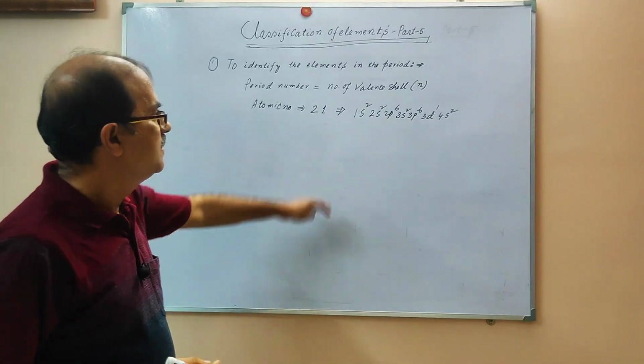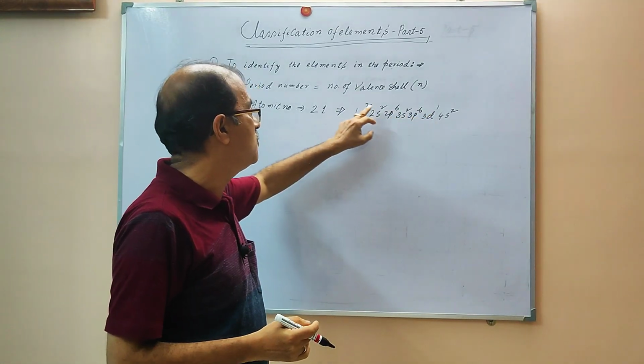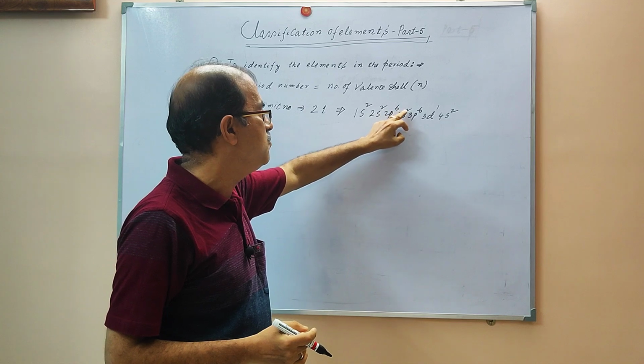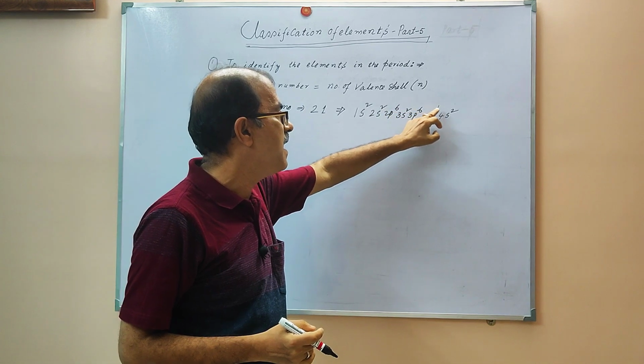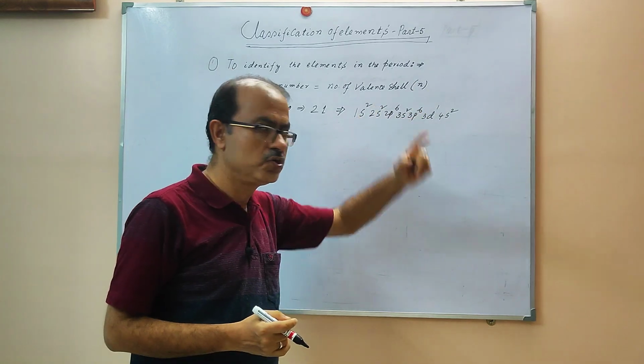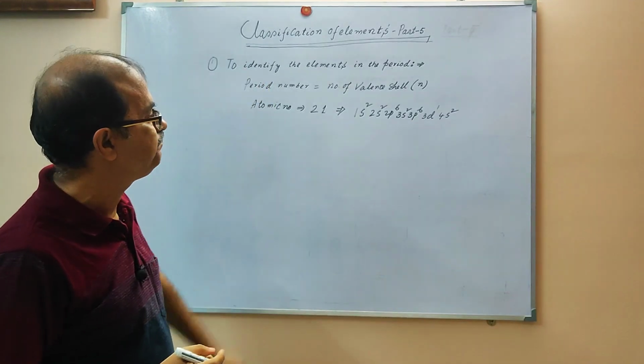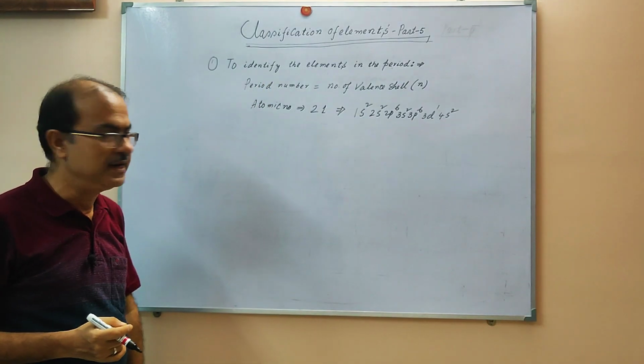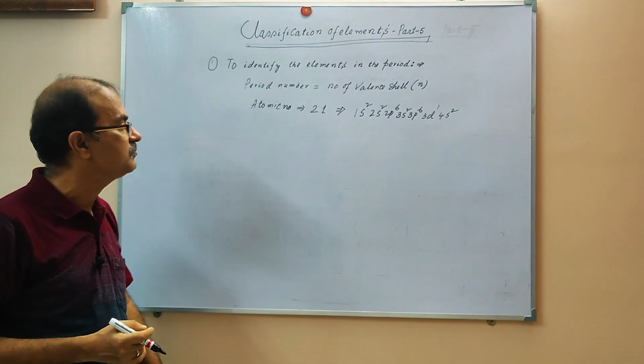See the number of electrons: 10, 12, 18 and 21. So a total of 21 electrons is there, and this is the electronic configuration of this element.